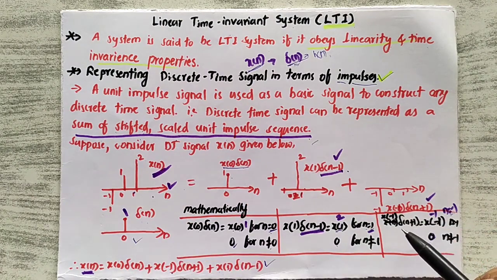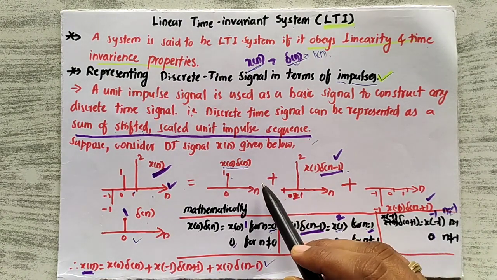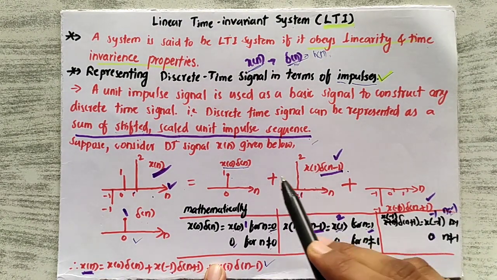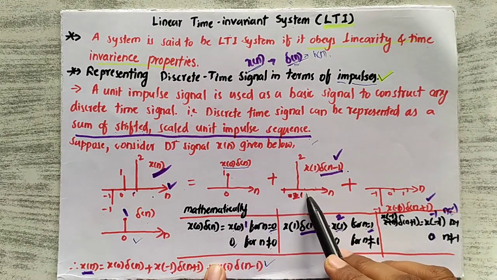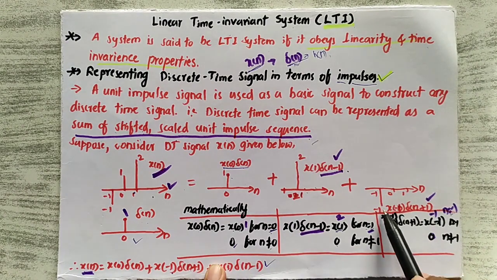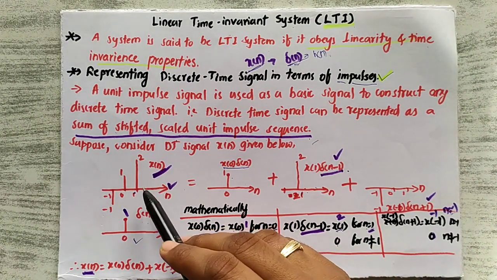Now I can write x of n as x of 0 into delta n plus x of -1 delta n plus 1 plus x of 1 delta n minus 1. As you can see, I am adding all these 3 signals. If I add them, at 0 I will have 1, at 1 I will have 2, at -1 I will have -1. So that is the x of n.